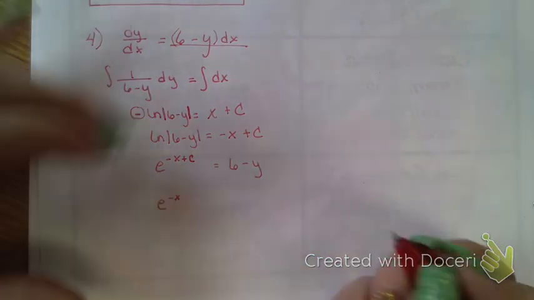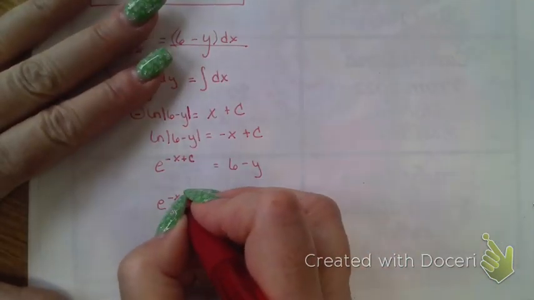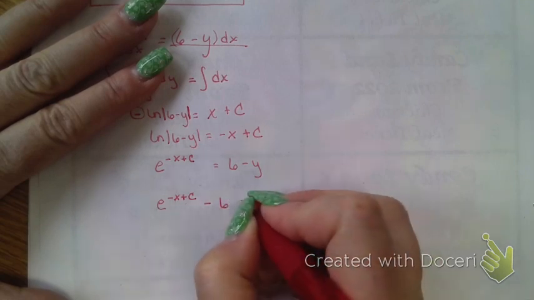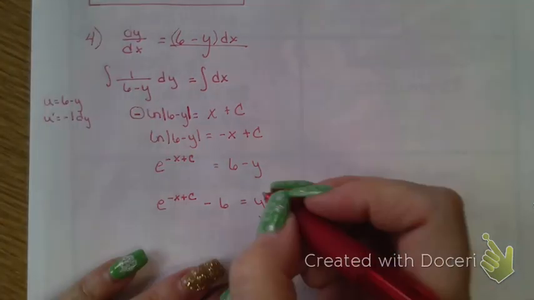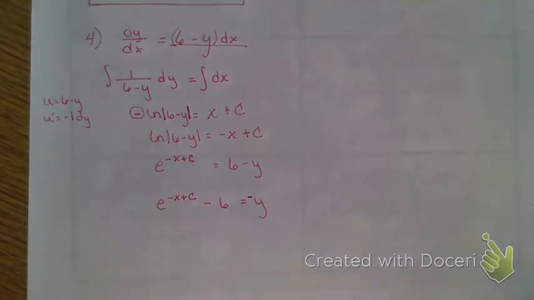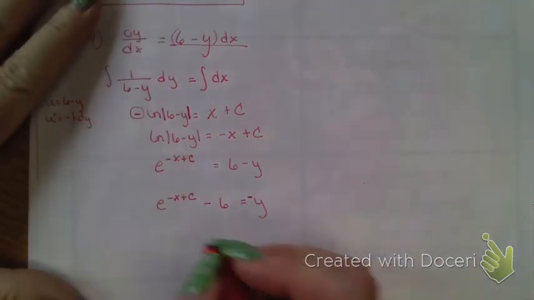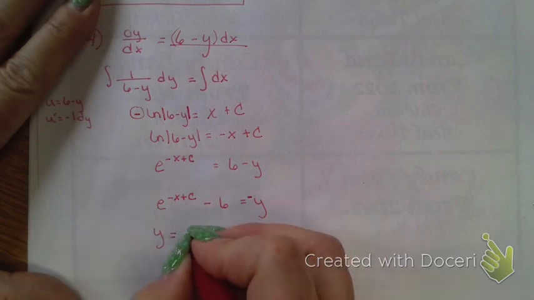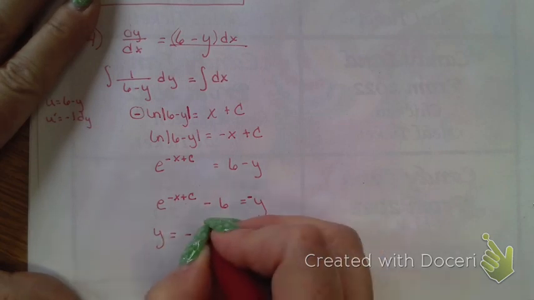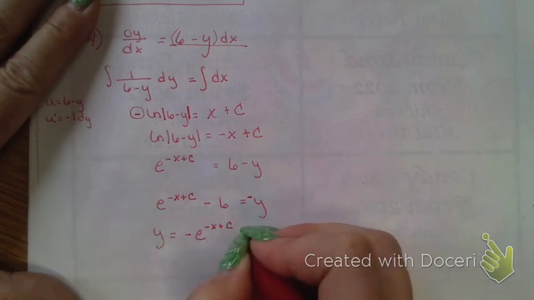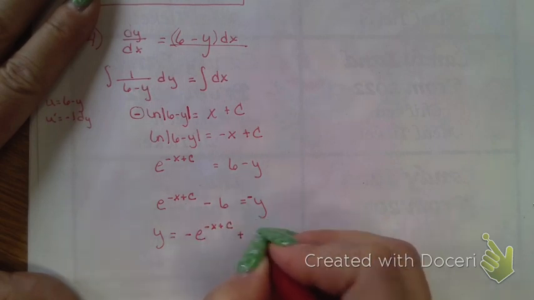Yep, sorry. That's why we have to make them look like exponents, right? Equals negative y. Now I need to multiply both by a negative. So I have y equals negative e to the negative x plus c, plus 6, right?